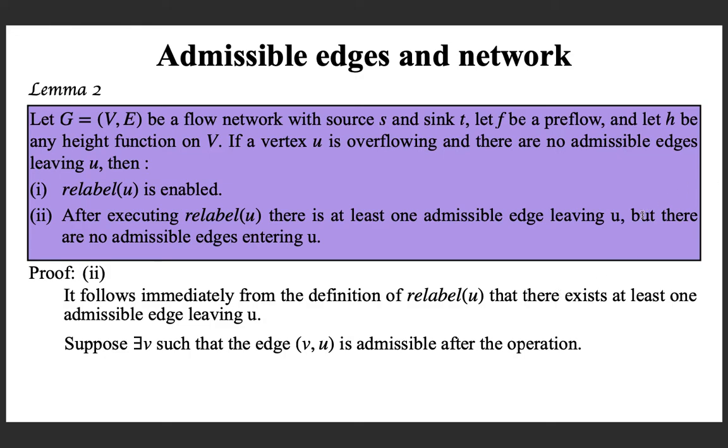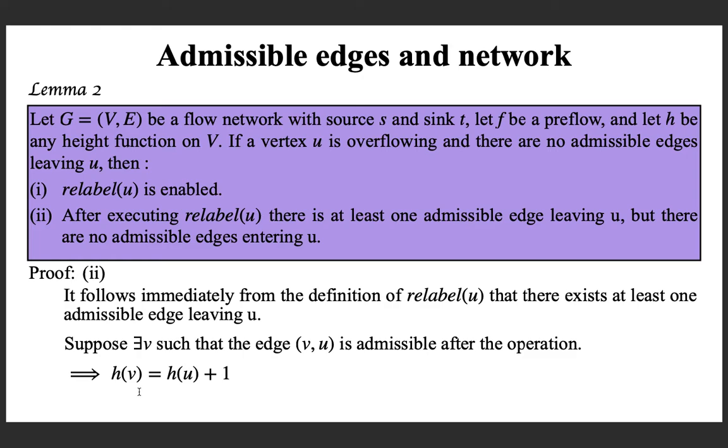Now the second part we have to prove: there is no admissible edge coming to U. Suppose that there exists a vertex V such that an edge from V is coming to U and is admissible after the operation. We have to prove that this is not possible.